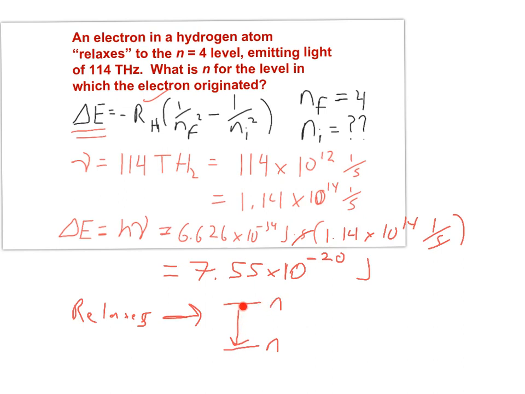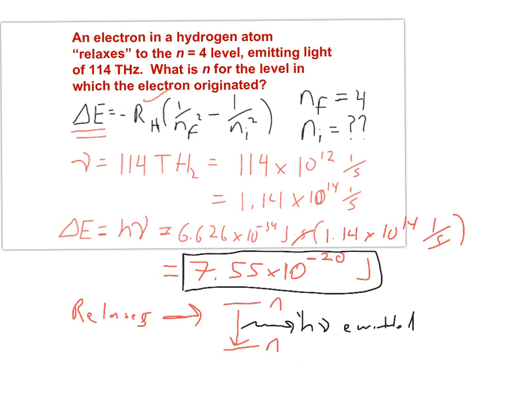When that happens, light is emitted. Therefore, this energy, the energy of the photon, that's a raw value.